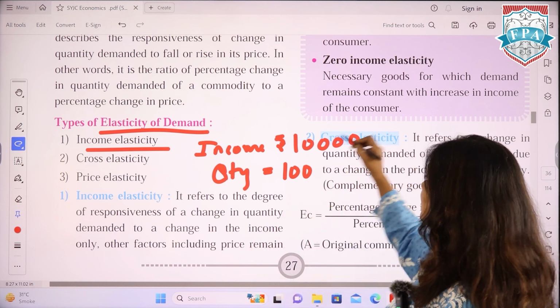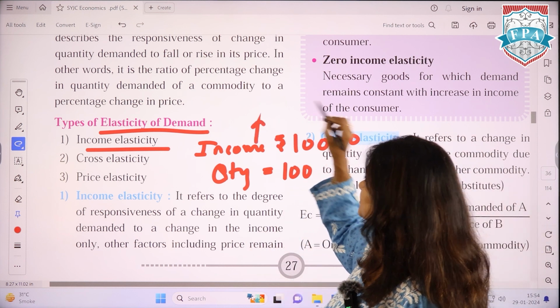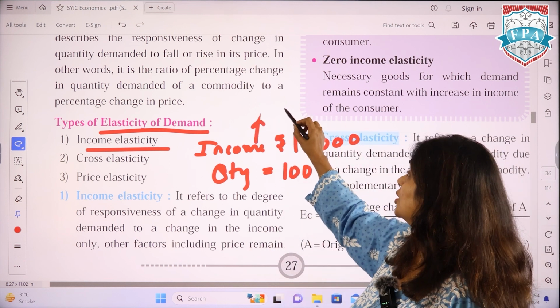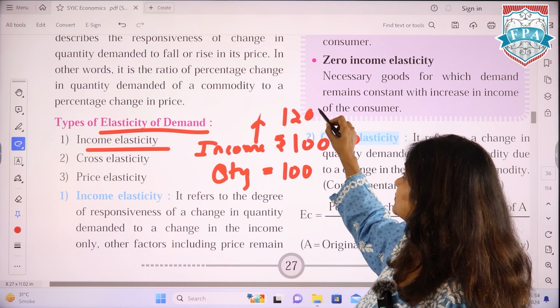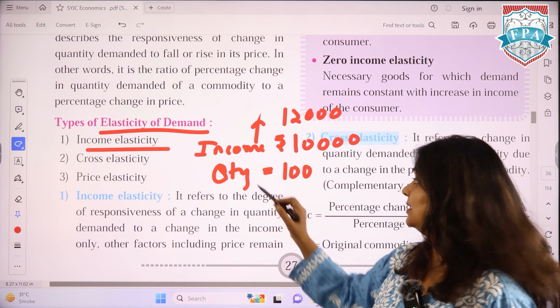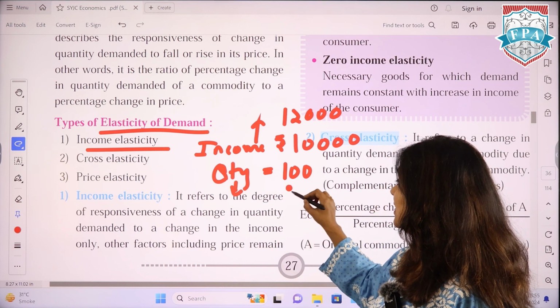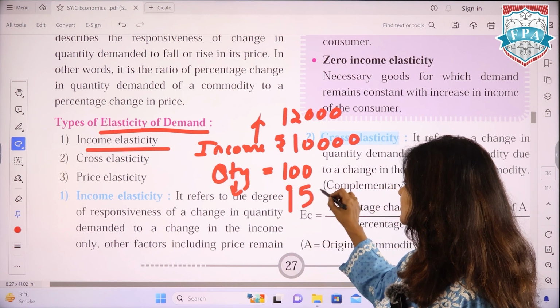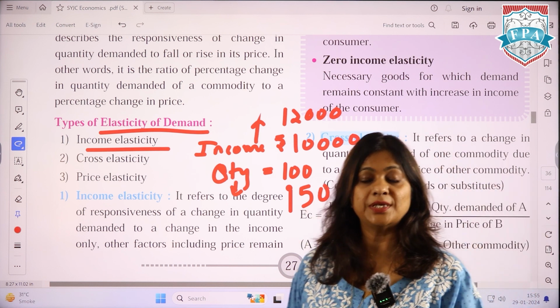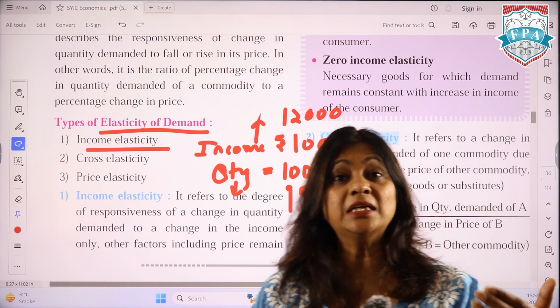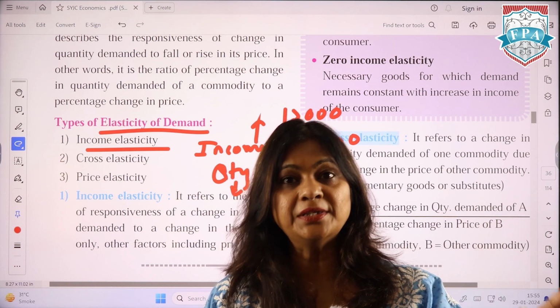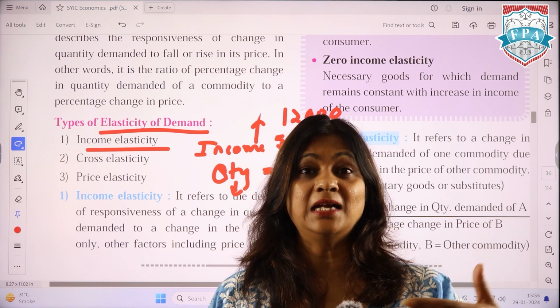But if the income increases to 12,000 and this quantity increases to 150 units. What do you say? That with the increase in income, the quantity demanded has increased.